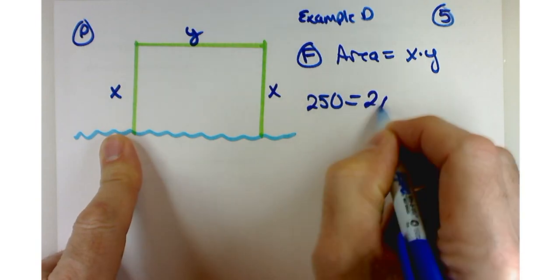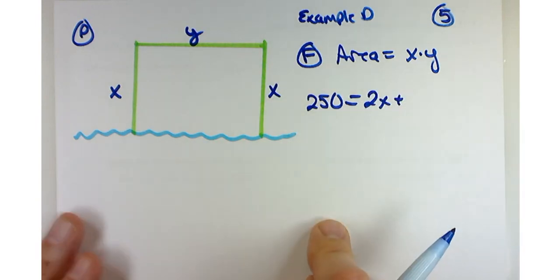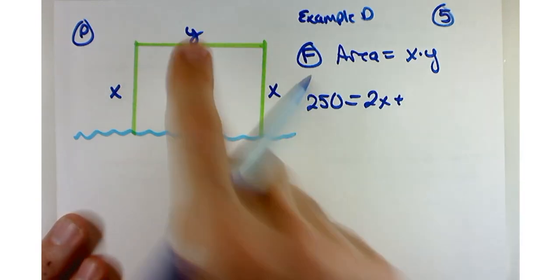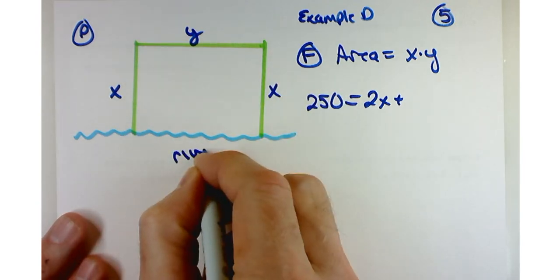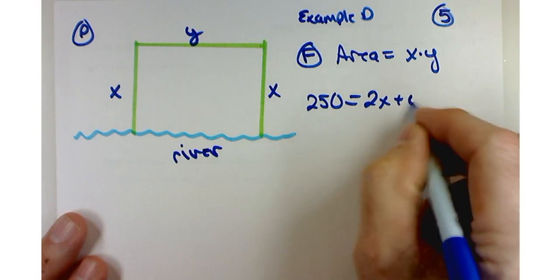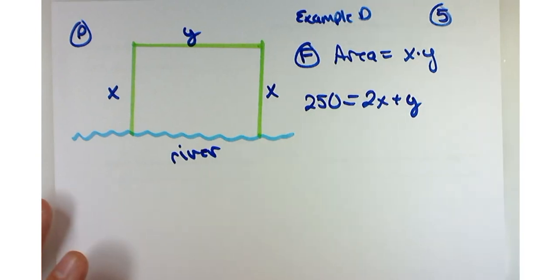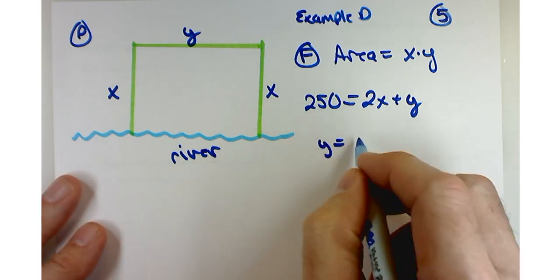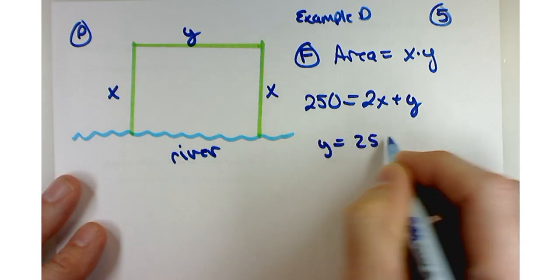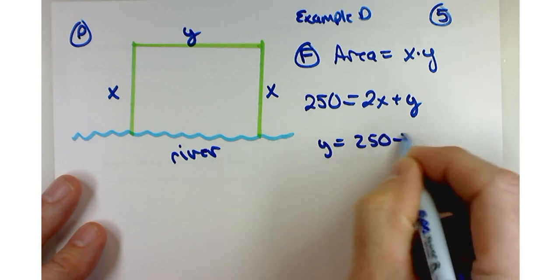It's 2x. How many y's? Just one y, because this side is the river. So 250 equals 2x plus y. That gives me a way to solve for y, to get rid of one of the variables. I'll rewrite this as y equals 250 minus 2x.